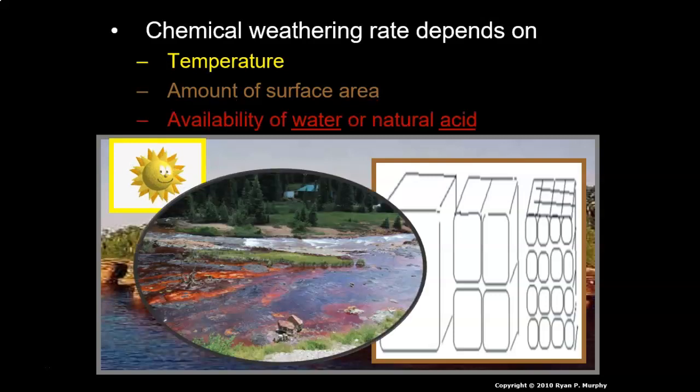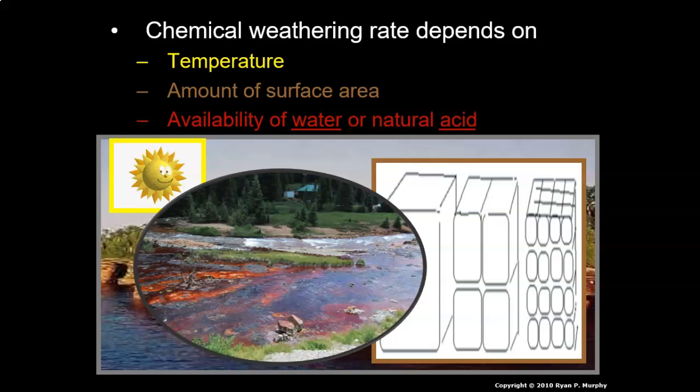And then finally, the availability of water or natural acid. Water and different acids are the chemicals that break down rock or weather rock. So if it's a very dry climate with very little precipitation and very little water, then you're not going to have a lot of chemical weathering unless there happens to be a lot of natural acid around.